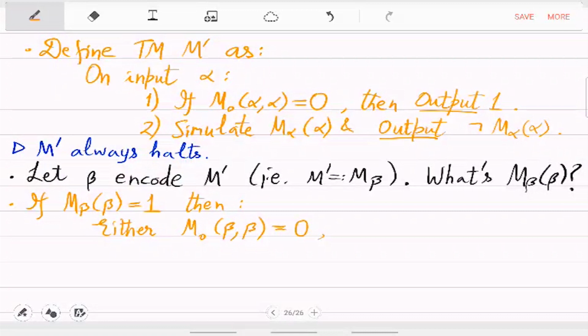So, this is actually coming from step 1, right. Think of this as the step 1 case. That is one place where you can get output 1, but that happens only when M0 beta beta is 0, which gives a contradiction.